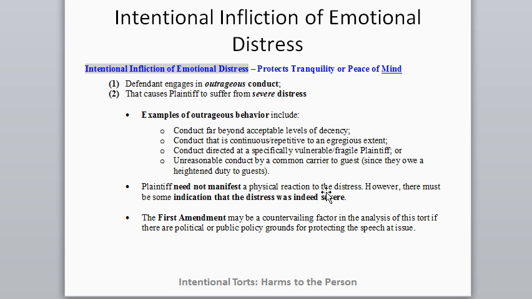One thing here, and this is a bar exam alert, is that the First Amendment can sometimes be a countervailing factor. If the President of the United States says, the leader of the opposing party was very mean to me and it caused me distress, he was being outrageous in things he said, I want to sue him, that fails.